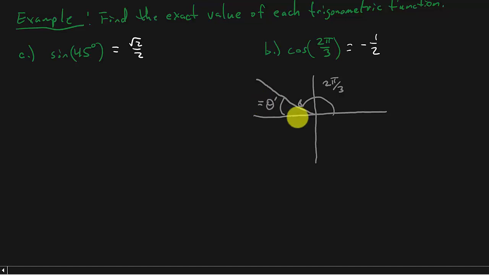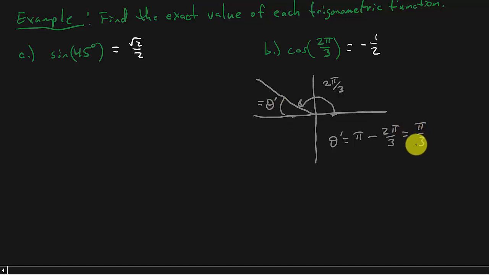And remember, the reference angle is always measured off the x-axis. So I know from here all the way around to here is 180 degrees, but we're in radians, so it's pi. If I take pi and then I subtract off this angle 2 pi over 3, that's going to leave me with just my reference angle. So that is pi over 3.